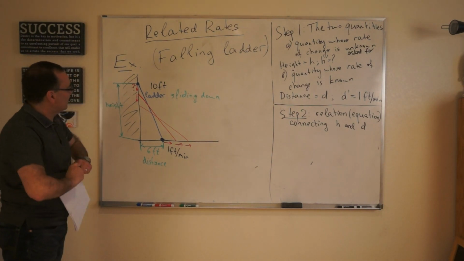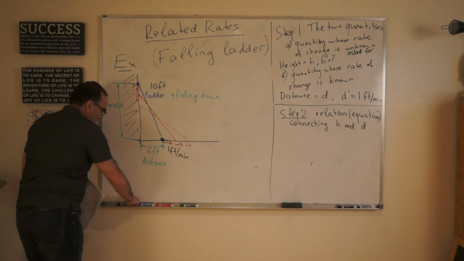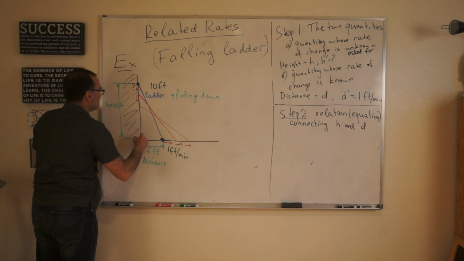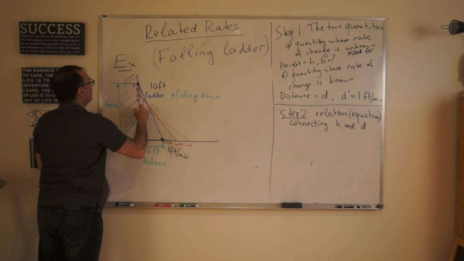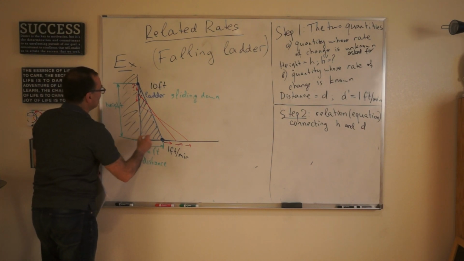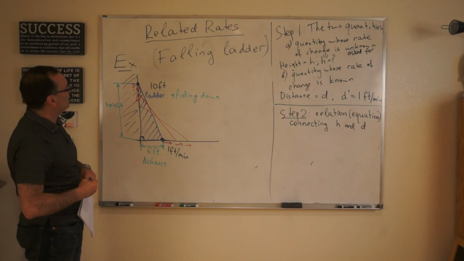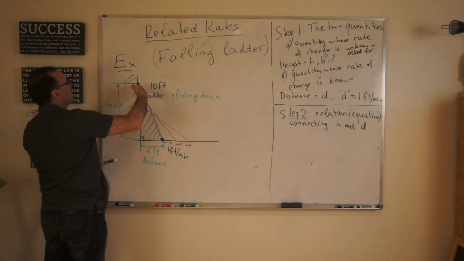Now if you recall some geometry, this here is a right triangle. And it will be a right triangle because this angle is 90 degrees, it's a right angle. So it will be a right triangle no matter how the ladder moves.